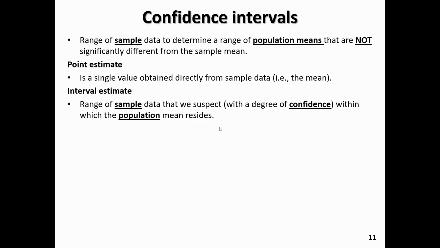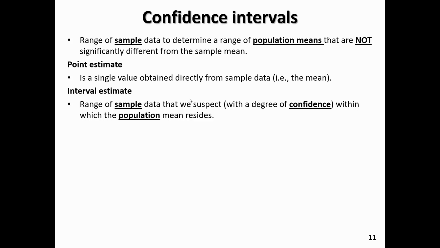Now, note that this is not the same thing as a standard deviation about the mean. The standard deviation, yes, it is an interval, but it's not an interval estimate of the population. The standard deviation calculated from a sample represents the variability in the sample and not necessarily that of the population.